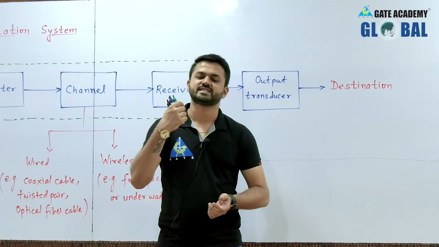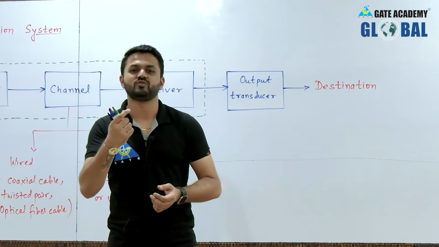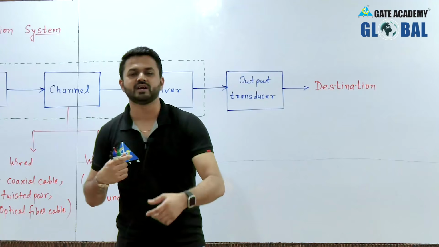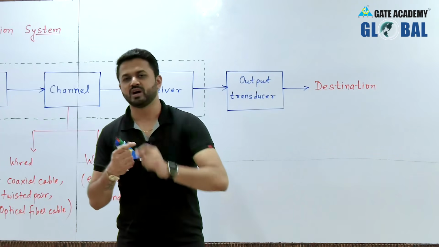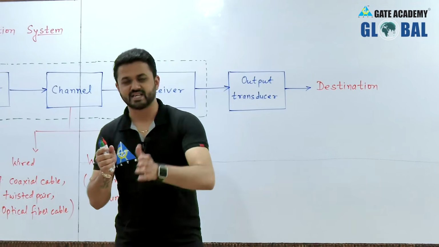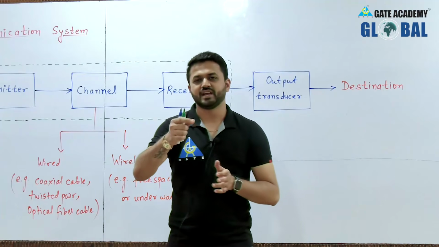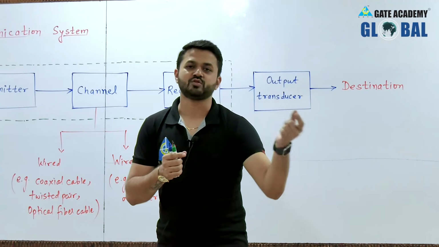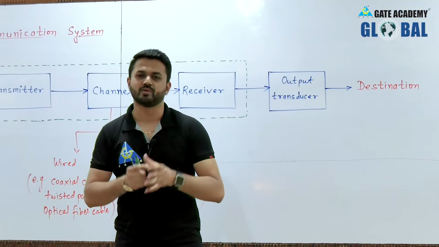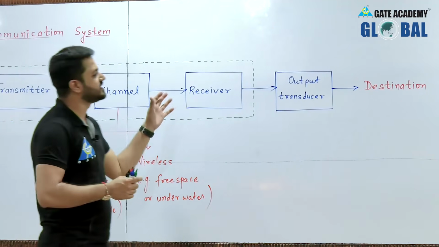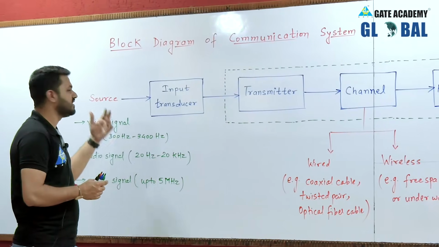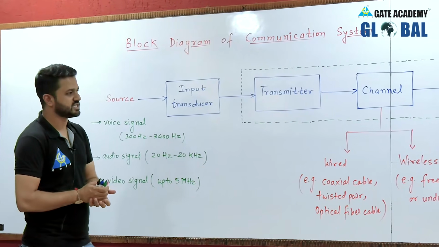It is converting this non-electrical signal, the sound wave, into an electrical signal, and with the help of this wired medium, it is transmitted to the receiver, and now the receiver will convert this electrical signal into a non-electrical signal, and you can listen to it from the speaker. In this way we perform the communication, and we send our message signal from source to destination.